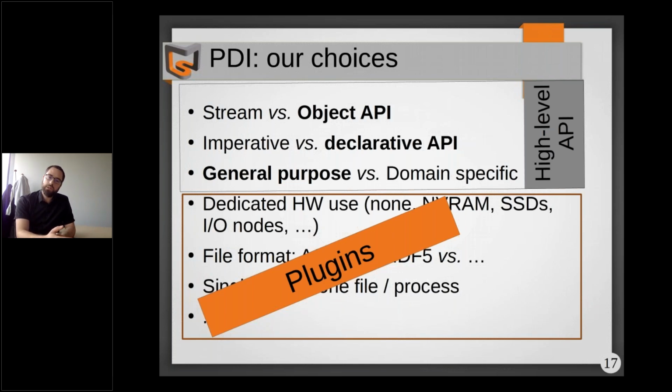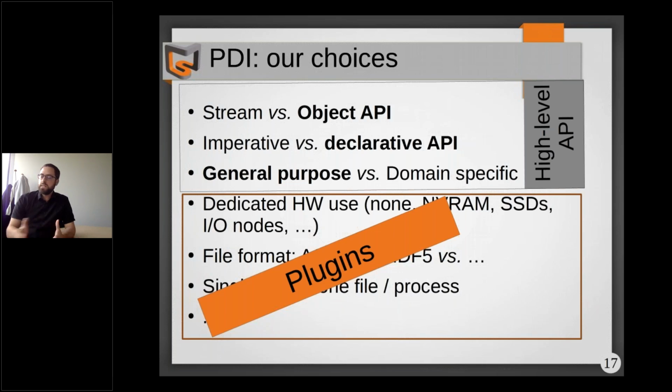And the final question was whether to have a general purpose or domain specific API. In our case, we've chosen a general purpose API where you just declare the data that is available. And since you don't say anything about what you want to do with the data, it's really not a domain-specific API, and this way we can interface most of the available IO libraries.